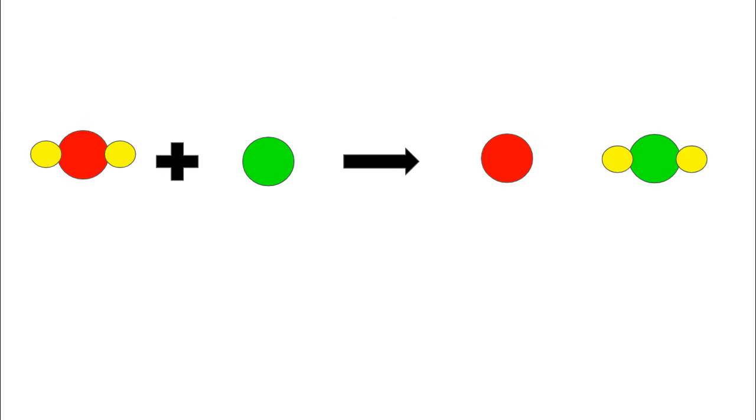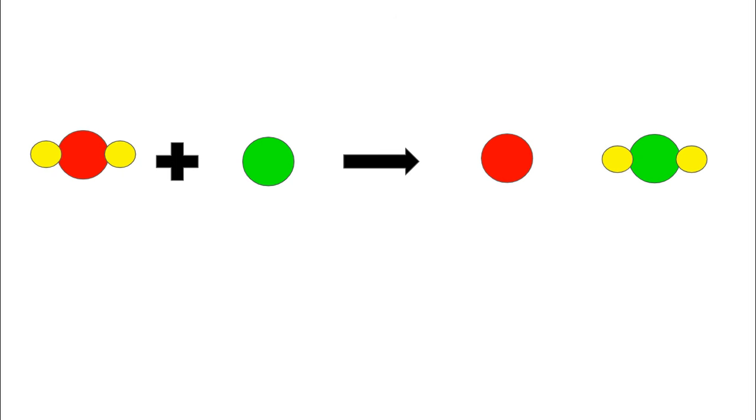Now look at your products. See if you notice anything and decide if yes, this is a chemical reaction because it has new products, or no, the products are the same and this is not a chemical reaction. What do you think? Give it a moment.